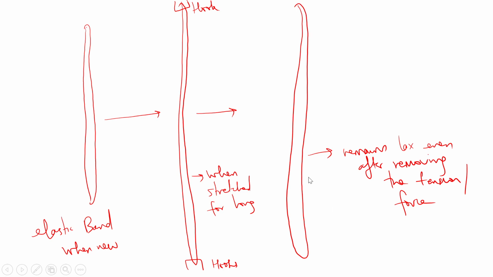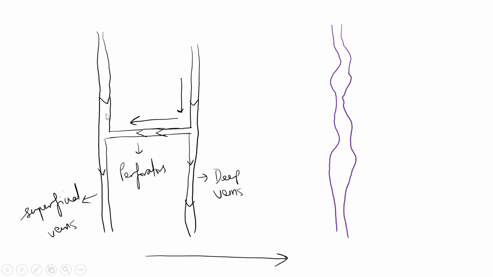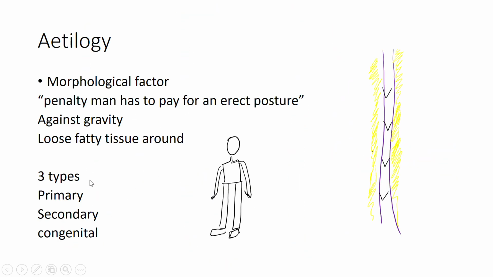It becomes longer and the elasticity is not that much. The same thing happens in the veins of the leg. The blood under great pressure reaches the superficial veins, and it can also lead to stasis of the blood. These two things can cause weakening of the veins and lead to varicose veins.